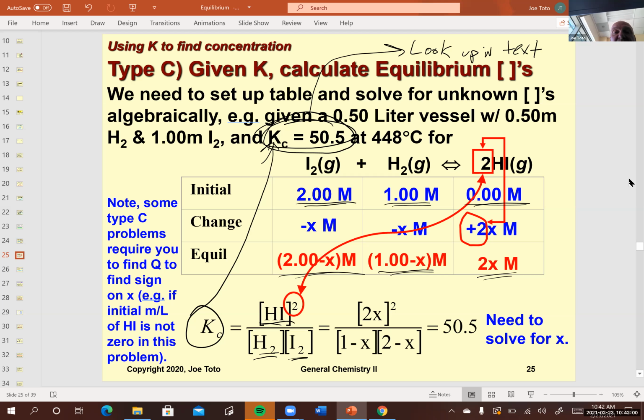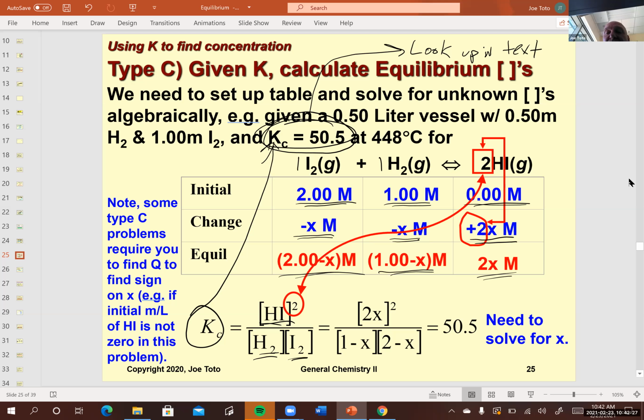I see the stoichiometric coefficients are 1 to 1 to 2. And so I know in the change column, this has to be a minus x. This is going to be a minus x, and this is going to be a positive 2x. Now, that's just using the stoichiometric coefficients.